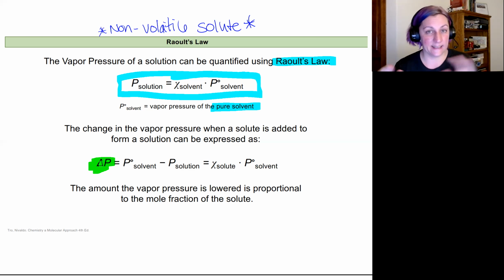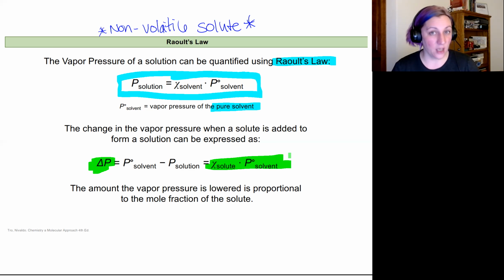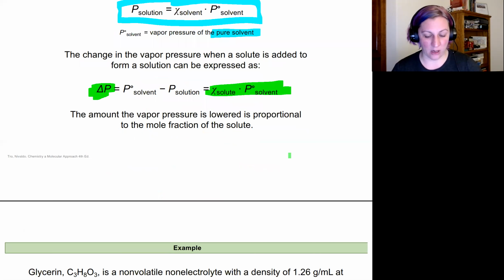And to kind of simplify that, what that would equal is the mole fraction of the solute times the vapor pressure of the solvent. And that'll be how much it's being lowered, which will always be proportional to that mole fraction of solute that was added into the solution, and how that's changed the actual behavior of the solvent is based on those number of particles that we're characterizing in moles.